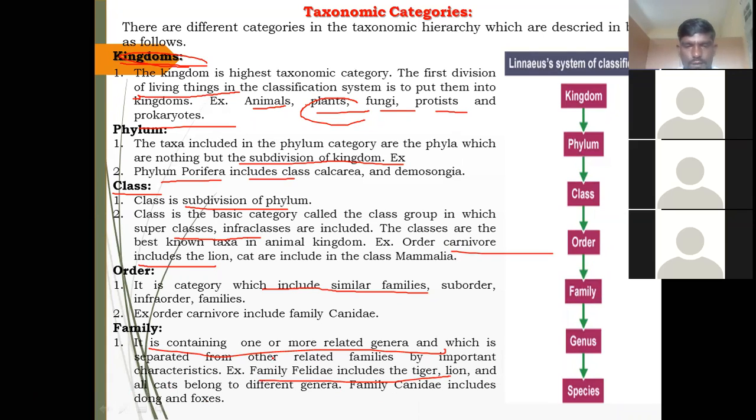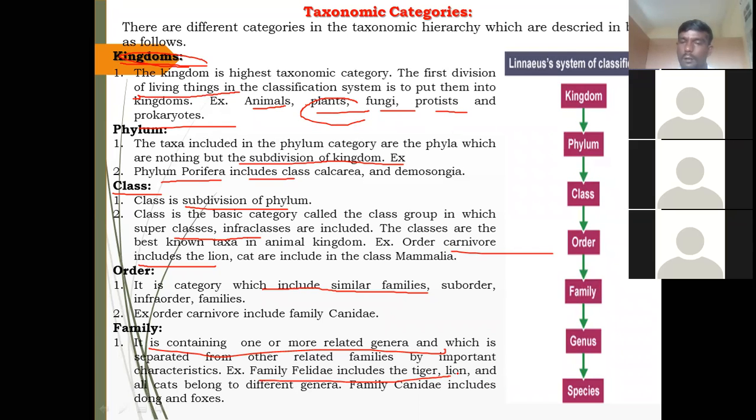Tell me what is the difference? These all animals belong to the same family, but they show some different genera. Tiger, lion, what do we call the aunt, the cat, shows some same ancestors, but family Canidae includes dog and fox.